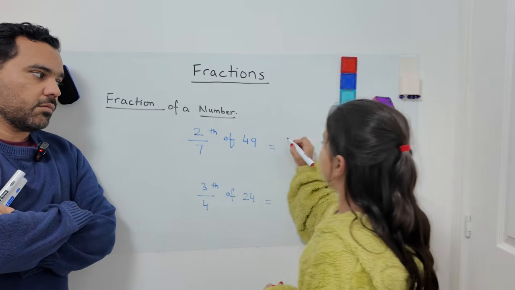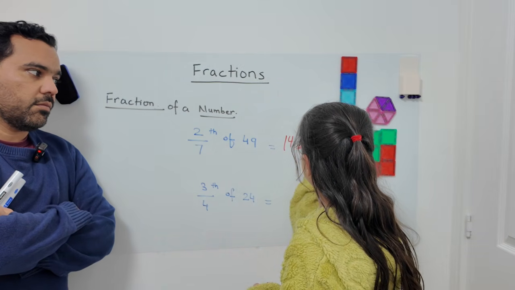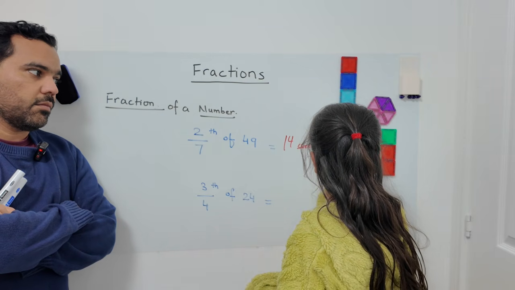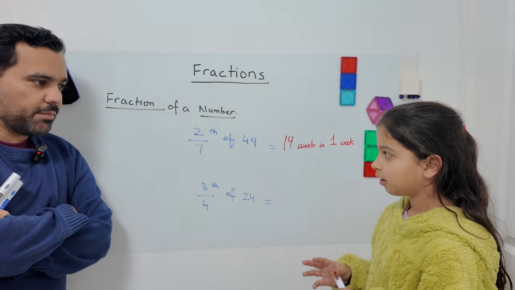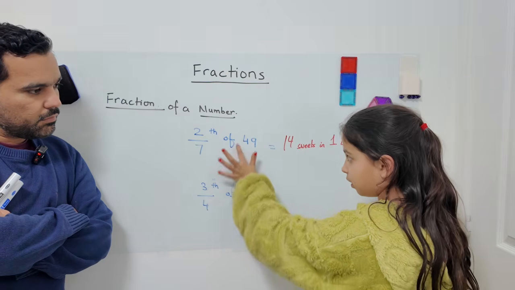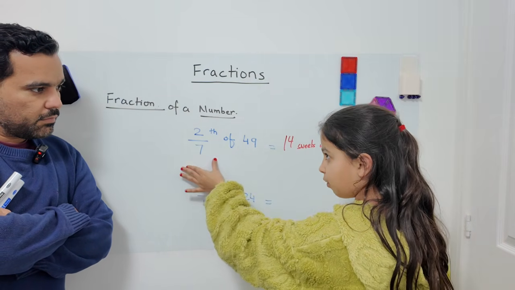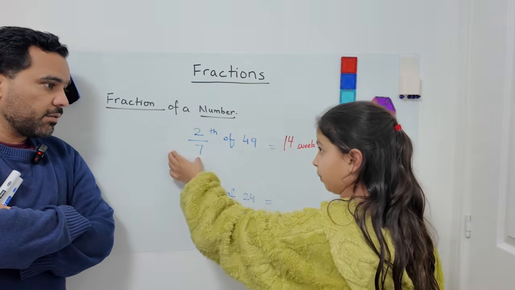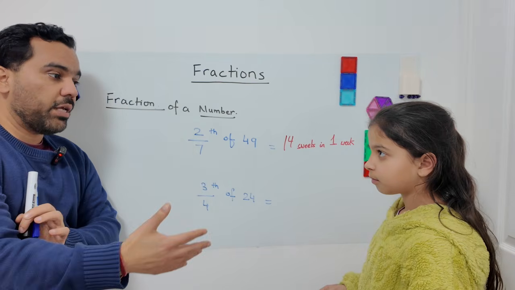So I get 14 sweets in 1 week. But why do you divide 49 by 7? What does that mean? Because this is the total number of chocolates in this example, and 7 is the number of parts that my chocolates are divided into. Correct. And I take 2 of those parts. You got 2 parts out of those 7 each week.